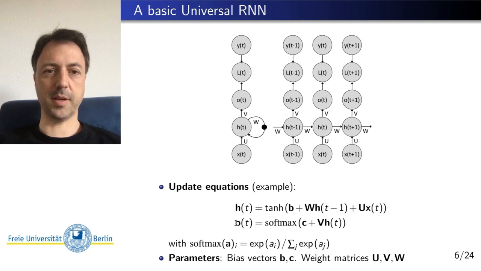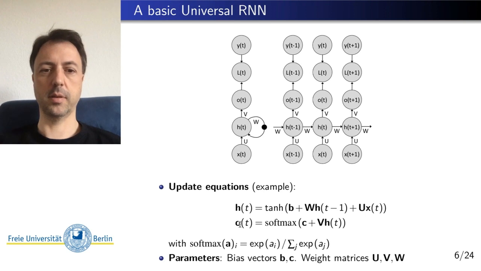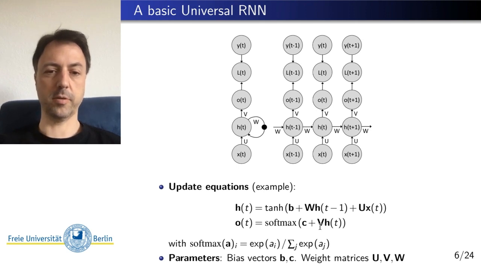Then we have an update for the output sequence. Here we assume that the output sequence is a sequence of classes, so a classification. And therefore we use the softmax function. The softmax function takes again a linear transformation of h of t. So we have matrix V to transform h of t, and we have a bias vector c.